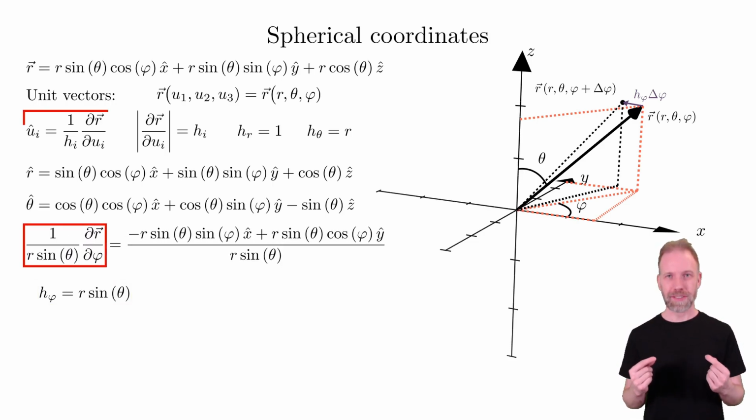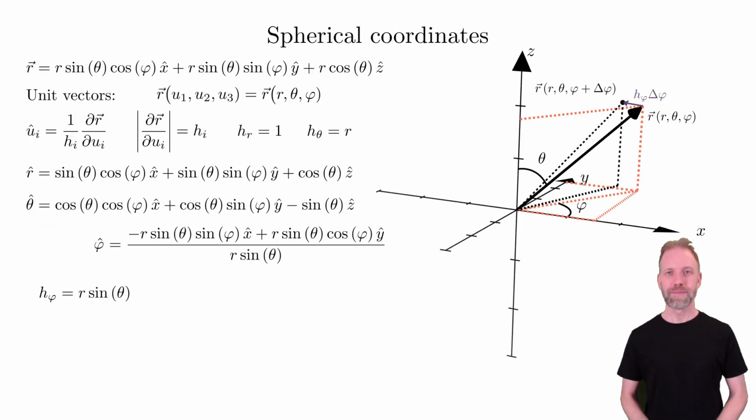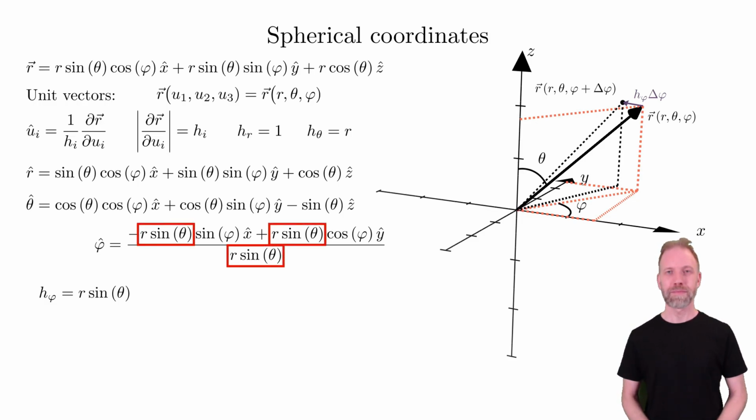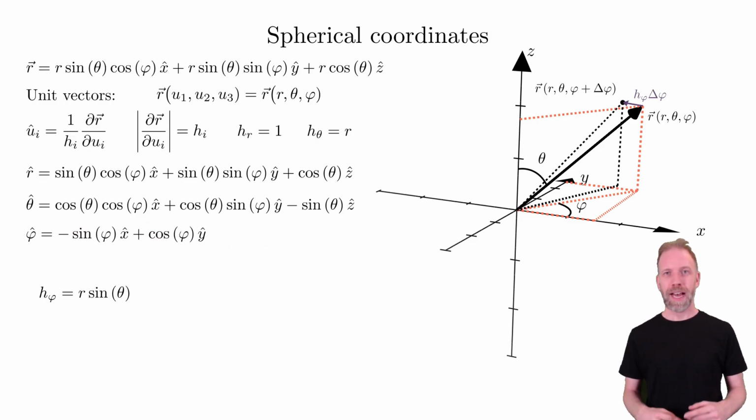This is the unit vector phi hat. Divide by r sine theta. And we get our last unit vector phi hat.